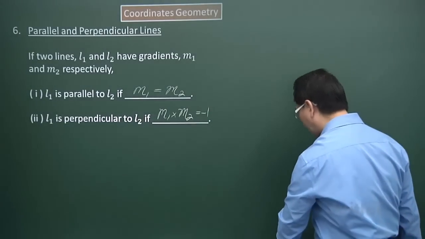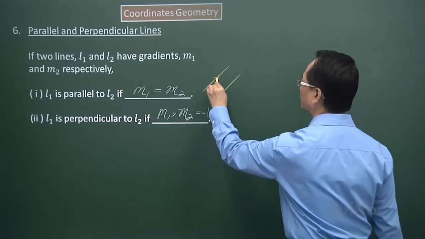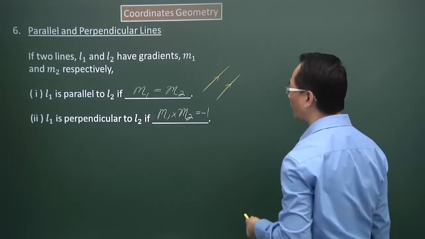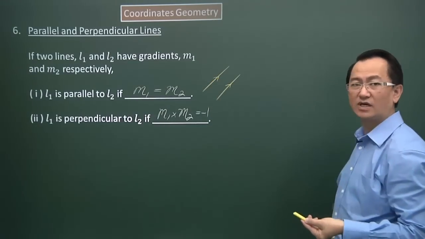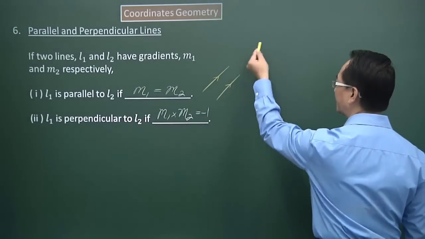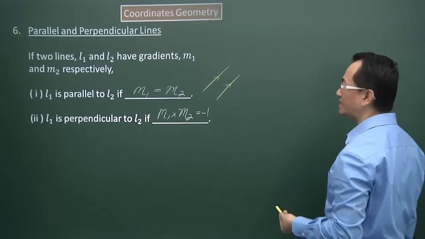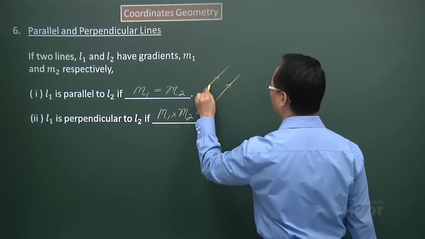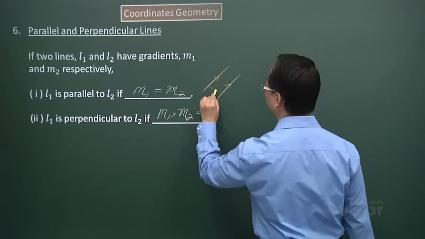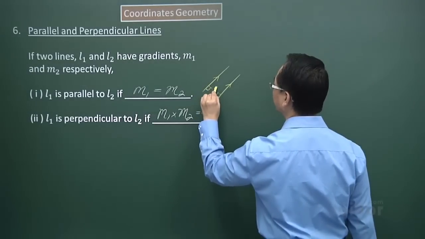When I'm talking about parallel lines, it's two lines arranged in such a way that they do not meet when I extend the line indefinitely. Or another way to think of it is that the perpendicular distance between the two lines is always the same.